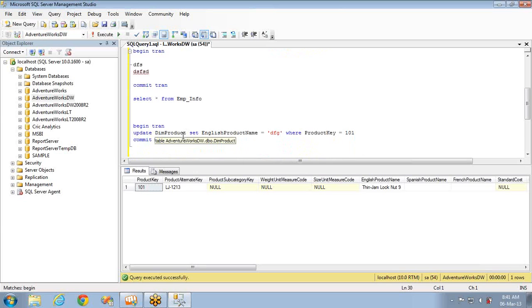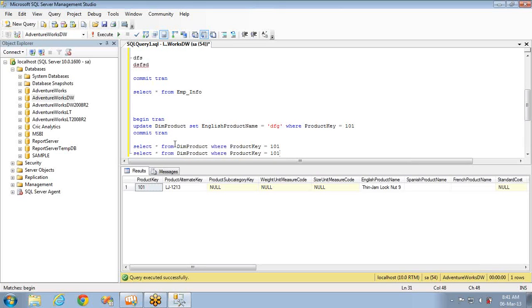Inconsistent analysis will have more than one read, or we call it multiple reads. So I have a couple of select statements. Select star from dim product where product key is equal to 101.